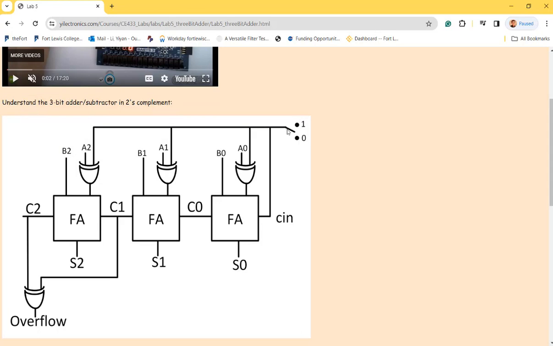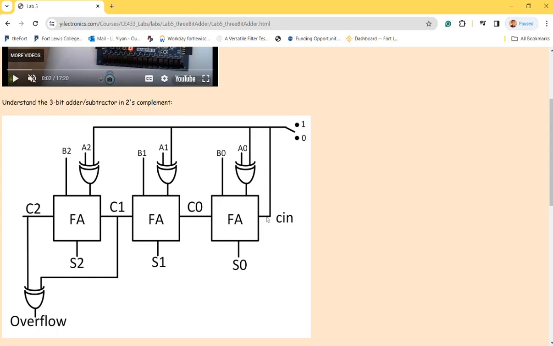You have to implement that on the FPGA. You got an extra switch on the left-hand side. You turn it on, you give a 1 to it. So that 1 will be this 1 here, and this one will be put into C in as well. So you are flipping and adding a 1 at the same time. You are converting that number to its negative complement to do the subtraction, right?